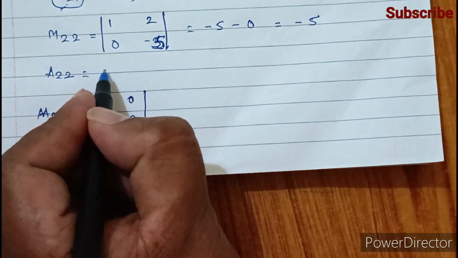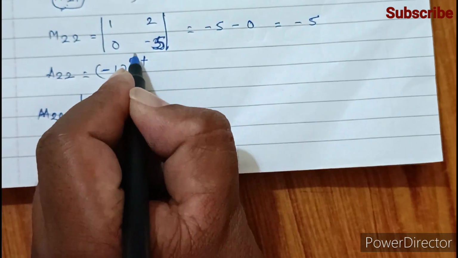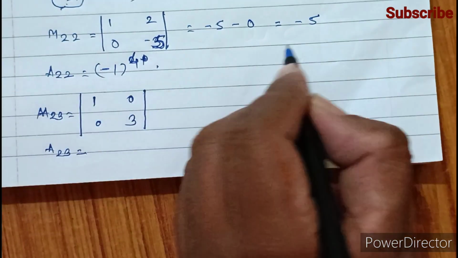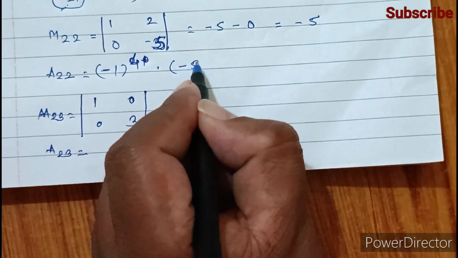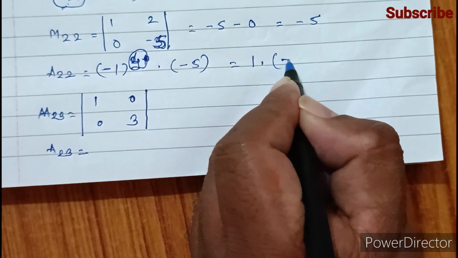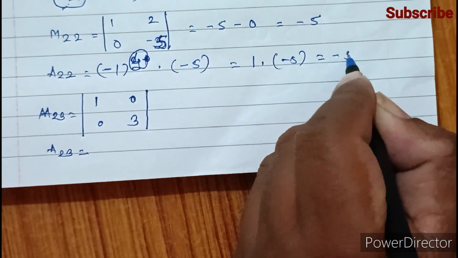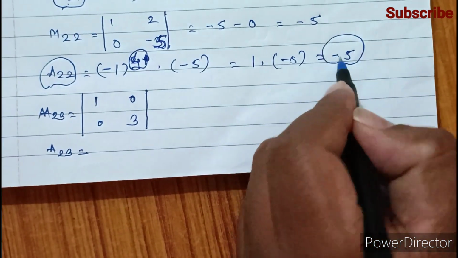Now A22 will be minus 1 to the power 2 plus 2, that is 4, into the minor M22, that is minus 5. The power is even, therefore it will be plus 1, into minus 5, which is minus 5. The value of A22 we get is minus 5.